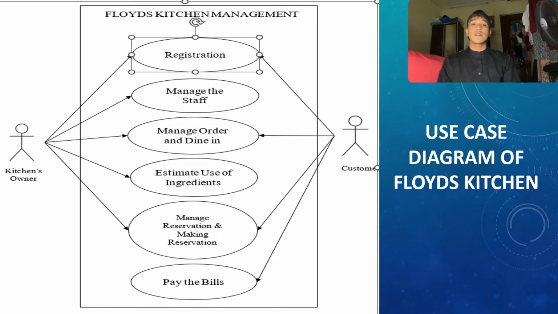And the customer will reserve the table if the date and time are available for them. And the last one is the payment of the bill. Each customer can make a payment, or the customer must pay the bills, from this use case diagram. And that's all from me. Thank you.